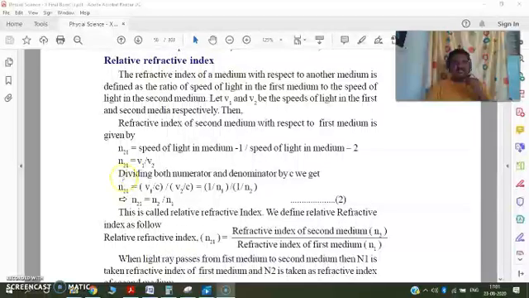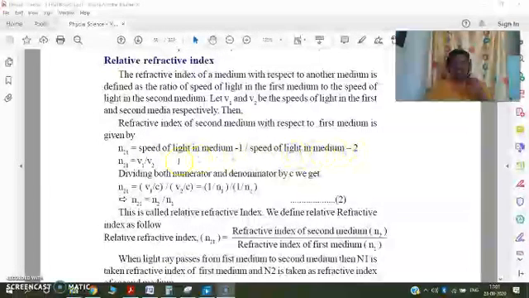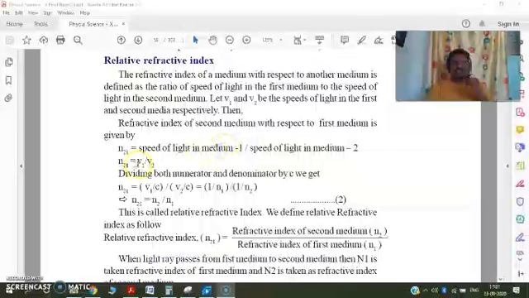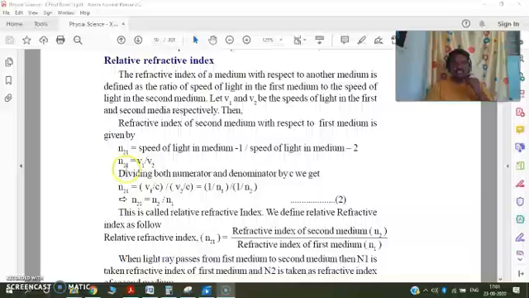How can we get this formula? n21 is equal to speed of light in medium 1 by speed of light in medium 2. Speed of light in medium 1 means v1, speed of light in second medium means v2. So n21 is equal to v1 by v2. We divide both numerator and denominator by c.